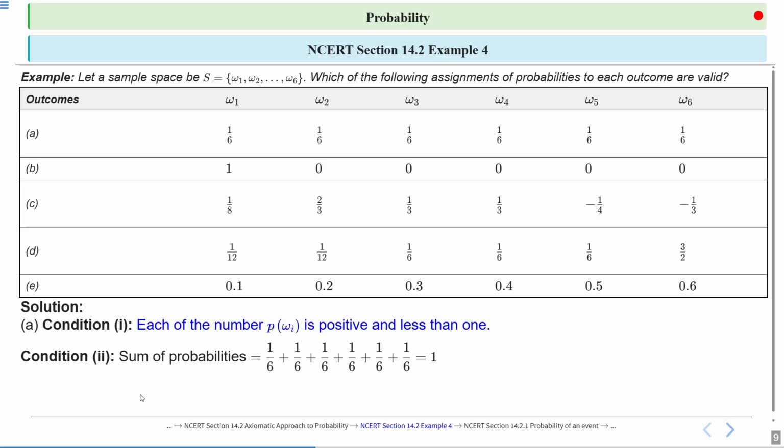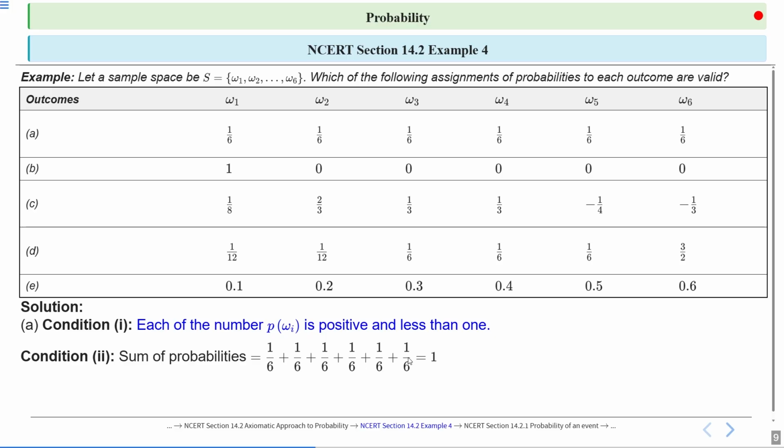So now take the sum of the probabilities. That means add P of omega 1, P of omega 2, P of omega 3, plus P of omega 4, like this, up to P of omega 6. The sum of probabilities is equal to 1 by 6 plus 1 by 6 plus 1 by 6 plus 1 by 6 plus 1 by 6 plus 1 by 6, that is 6 times 1 by 6.